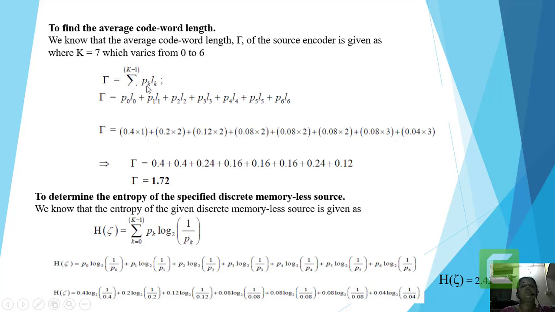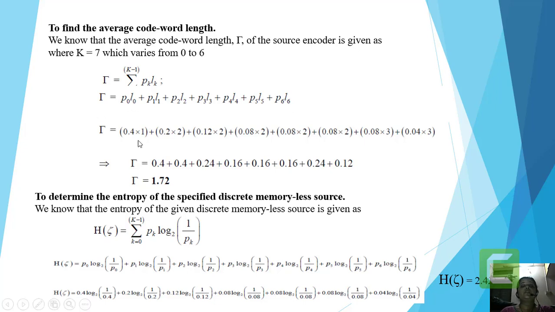That summation is corresponding to pk into lk, where pk is probability of that given symbol and lk is the code word length for given symbol. So we can expand this summation as P0L0 plus P1L1 plus P2L2 plus P3L3 plus P4L4 plus P5L5 and plus P6L6 as k varies from 0 to 6.